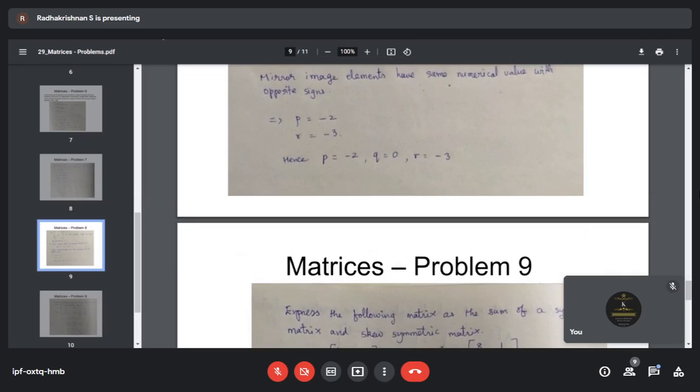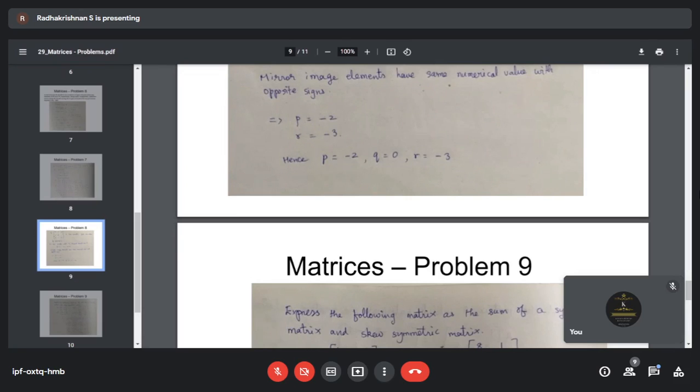Express the following matrix as the sum of a symmetric matrix and a skew symmetric matrix. For Santana Mariraj, what is the meaning of skew symmetric matrix?